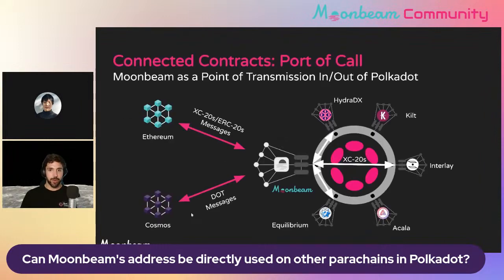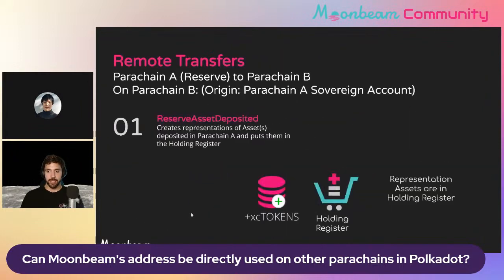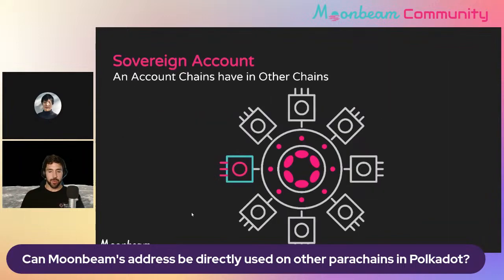Yeah, that is a great question. So let me go back to a slide that I have. There you go. Not really, but kind of, and it's a tough question to answer. Basically, Moonbeam uses Ethereum style accounts, called ECDSA cryptography, so Moonbeam has a very unique account system compared to other blockchains.